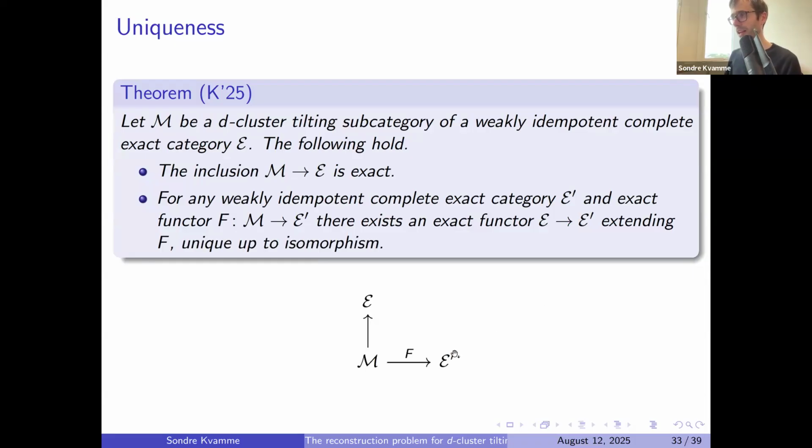To illustrate in a diagram, you have your M, your D-cluster tilting subcategory of E, and you have your exact functor from M to some other exact category, which is weakly idempotent complete. And then what I'm saying is that there exists an extension, which is unique up to isomorphism. And this kind of universal property is telling us in particular that this ambient exact category containing M must be unique up to exact equivalence.